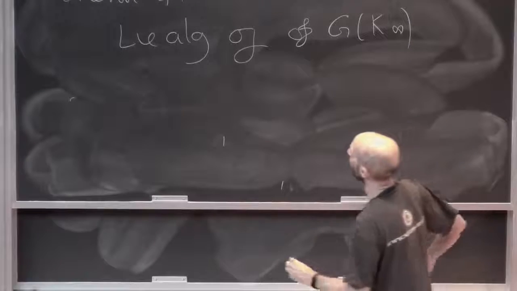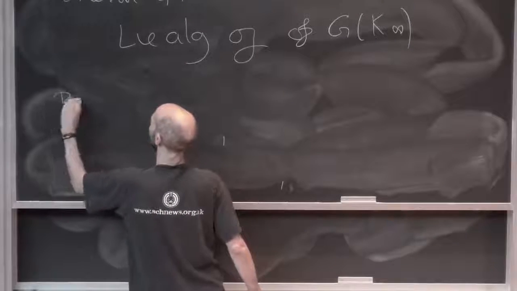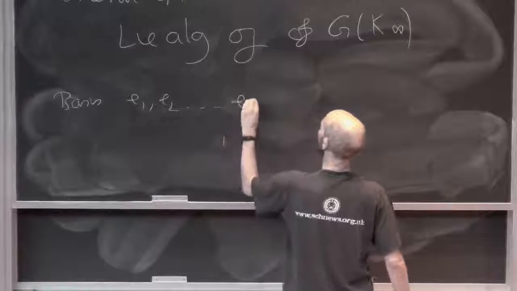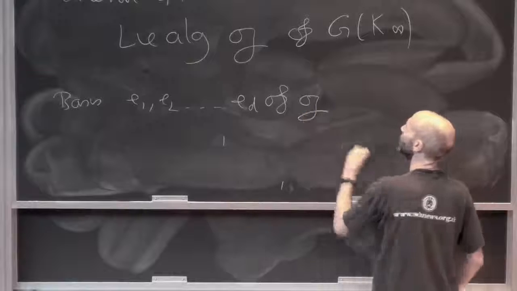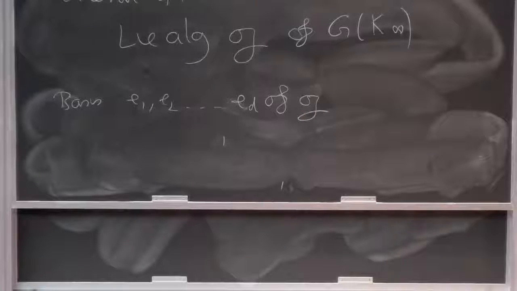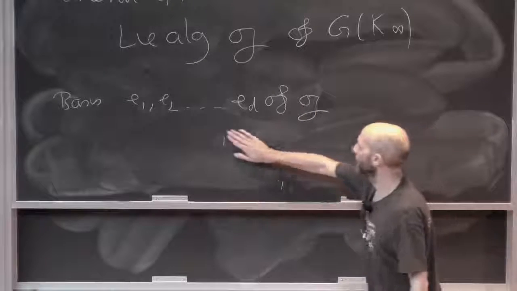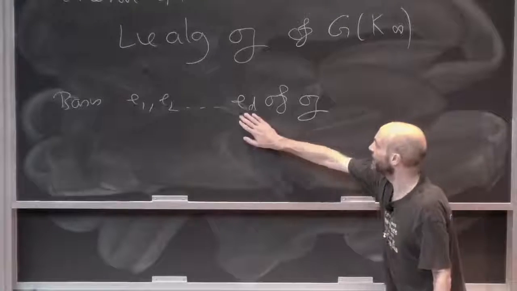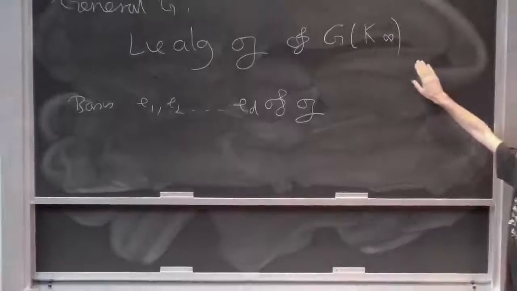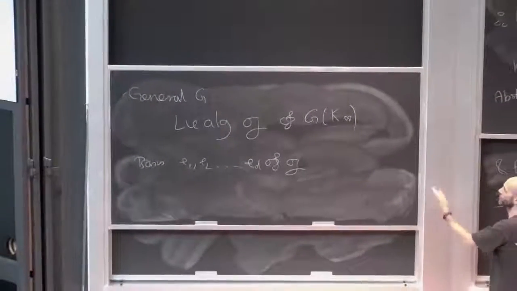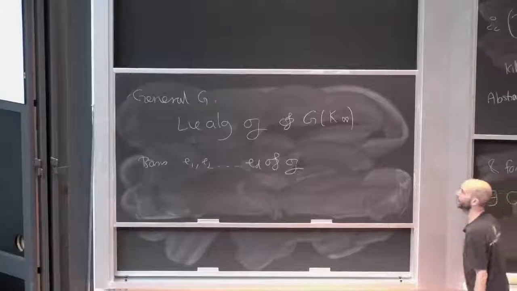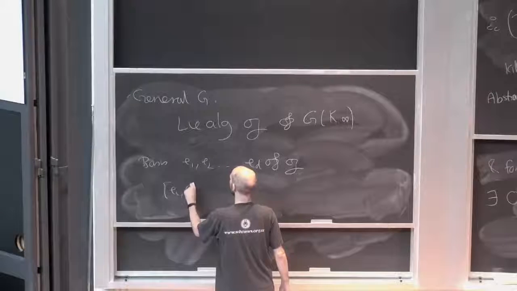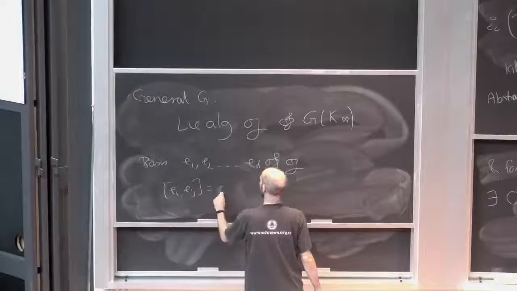This is a Lie algebra, so we have a basis E1, E2 up to ED of G. Unfortunately, these elements of the Lie algebra act as differential operators on functions on that real manifold, but they don't commute, right? So the bracket of EI and EJ is some random element of G.